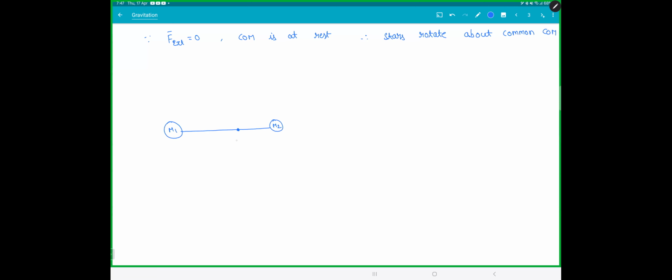If you take this as the center of mass, after some time this is what will happen. This one is going in this circle, this one is going in a bigger circle. Both are going in two different circles. After some time, M1 will come here, M2 will be here. Getting this?